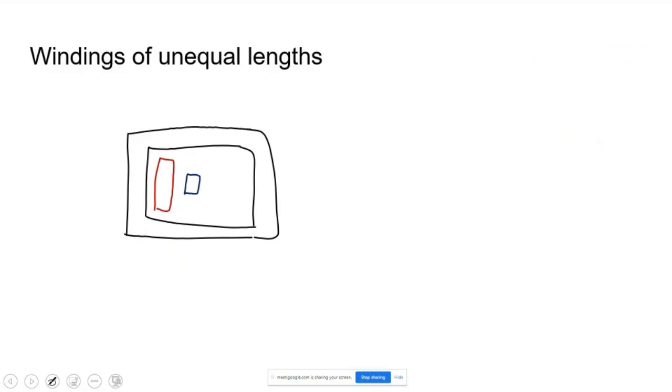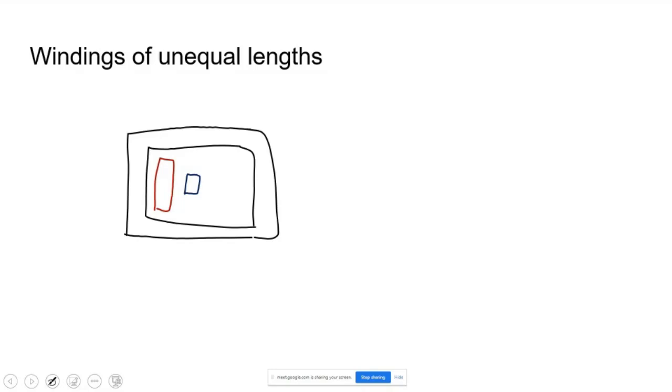Now here, the two windings are drawn. They are not of equal height. The primary height is more and the secondary height is less. So in this case, how will the forces be? Actually there is an asymmetry in heights. So for radial forces, there is a repulsion between the two windings, right?